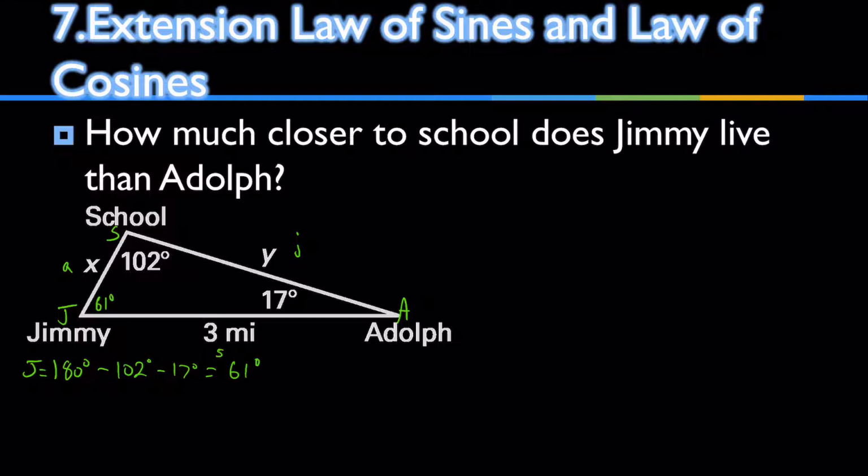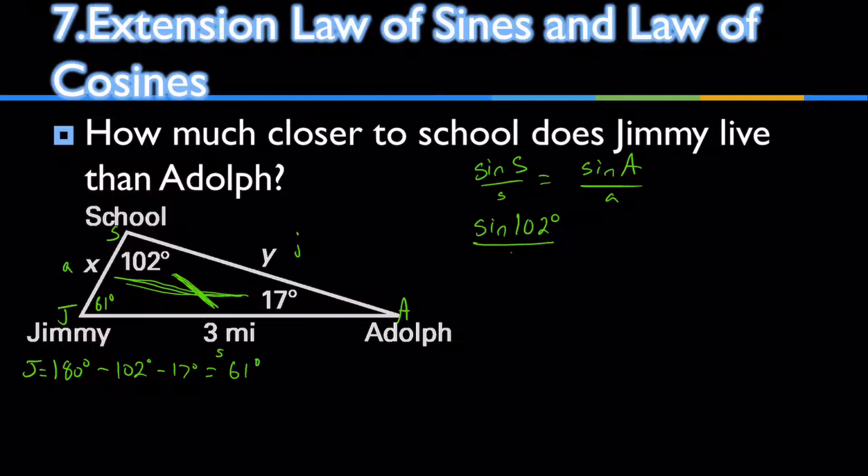All right, what could we find out easily? Well, I know these two things, and I know the 17, and we could find the x. So I could say sine of S over s equals sine of A over a. Angle S is 102. Side s is 3.